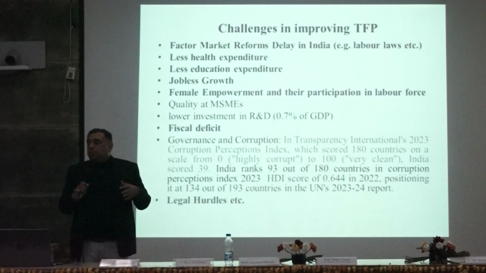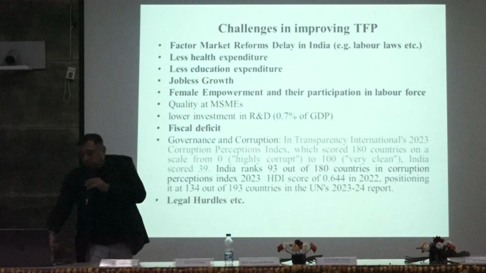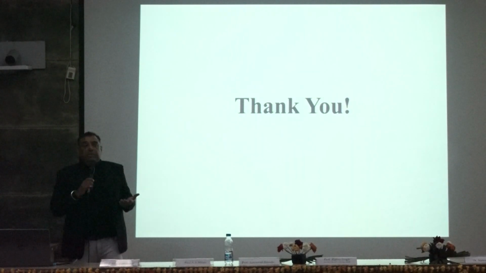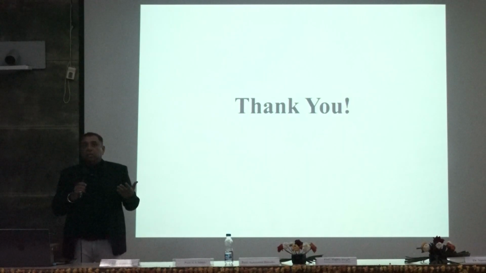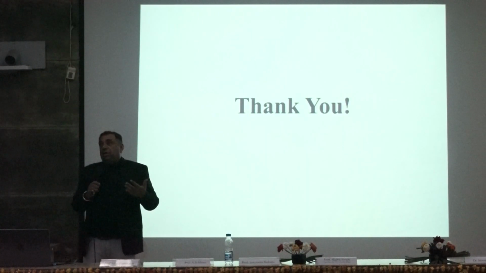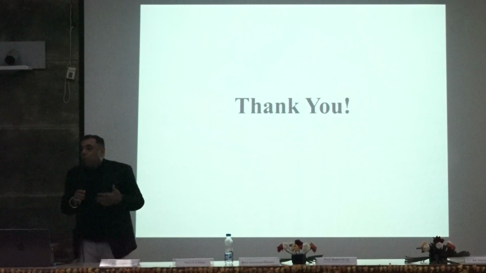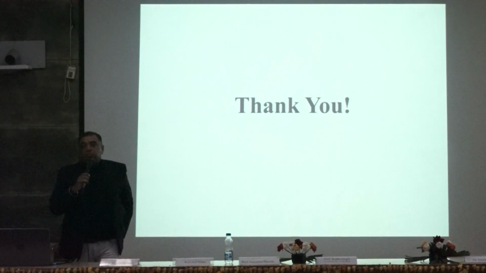These are the factors that must be considered at the policy level, so that we can have a dream India, an India at the path where we really want India to be, at that level of development.